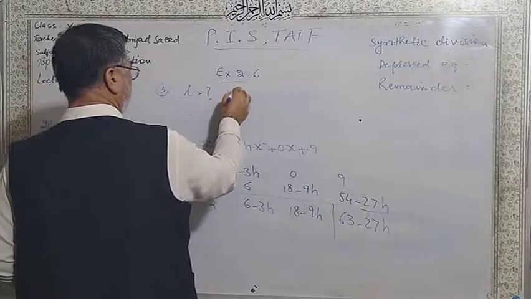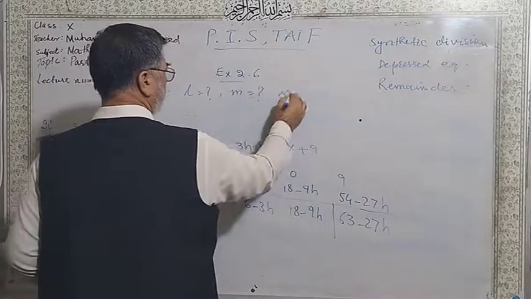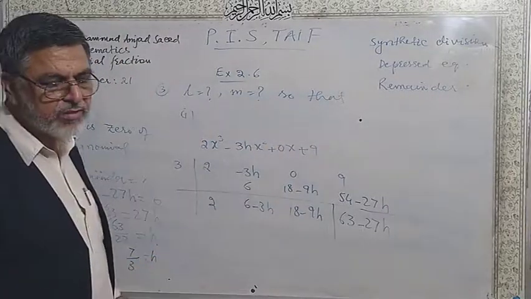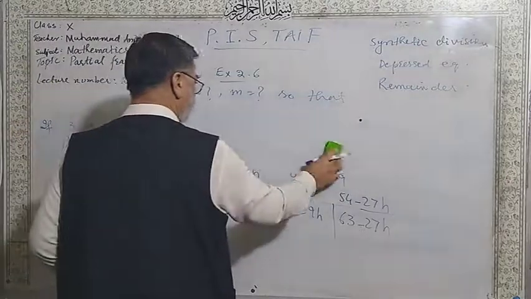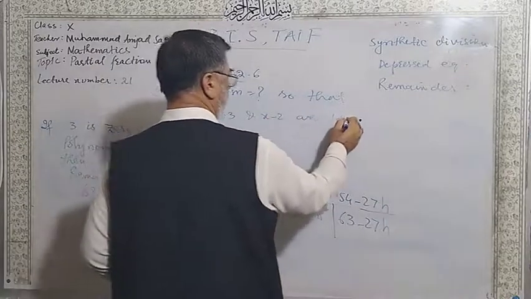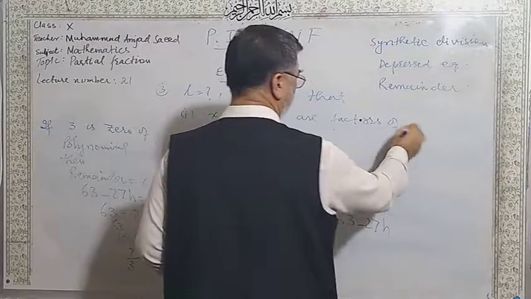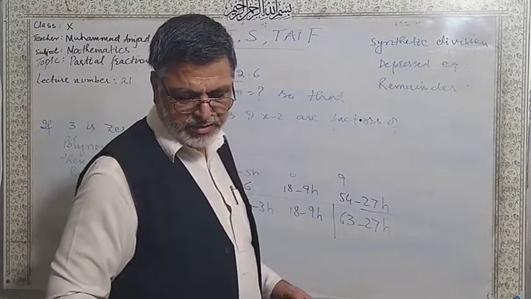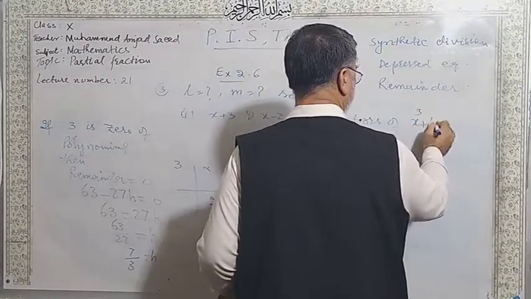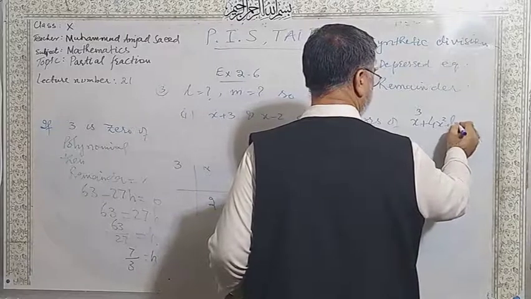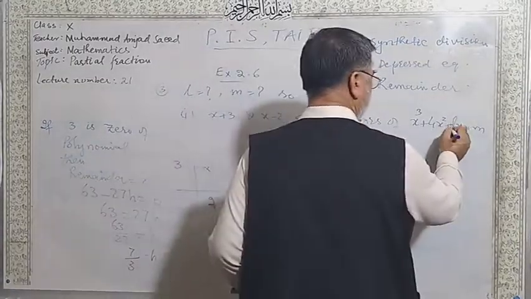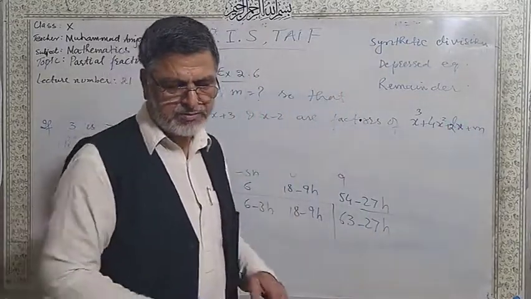You have to find the values of L and M. I am taking part number 1: x plus 3 and x minus 2 are the factors of the polynomial x cube plus 4x square plus 2lx plus m.